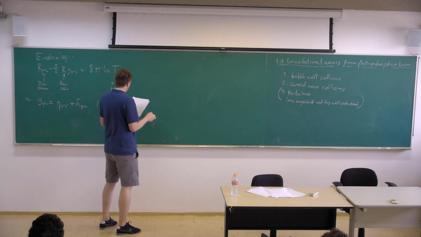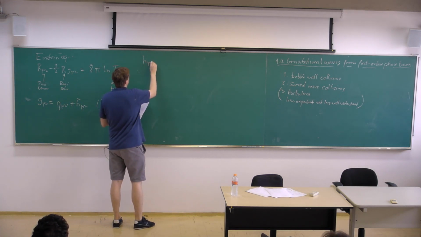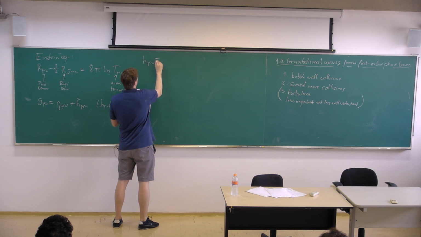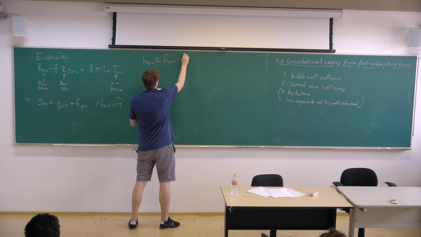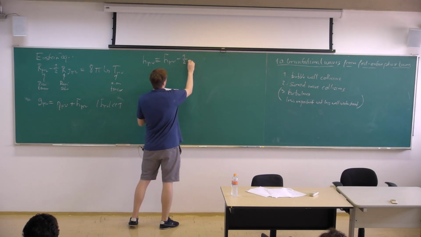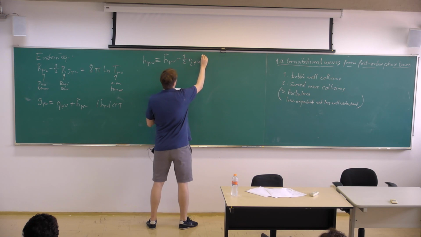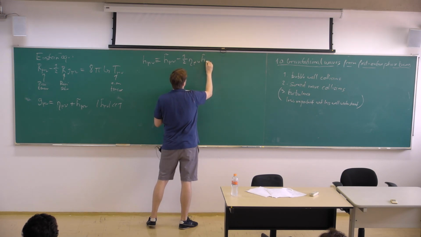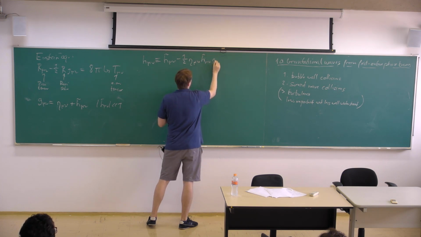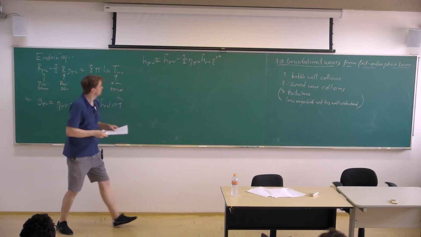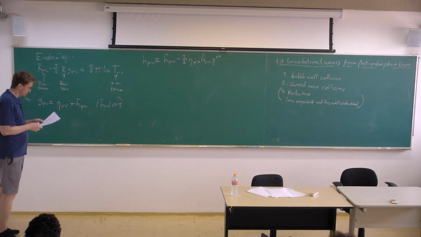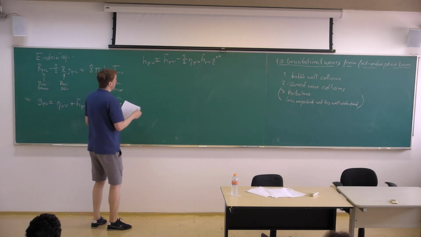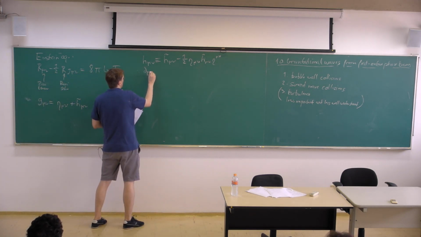And now it's convenient to define the so-called trace-reversed perturbation. The name is pretty obvious once you see this object. It is useful to impose what's called the Lorentz gauge.